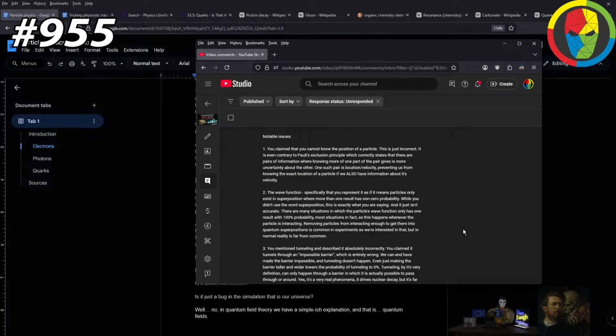Most situations, in fact, as this happens when the particles from interacting. You represent as means particle only exists in superposition where more than one result has non-zero probability. Two is not true. Well, that's just nice.